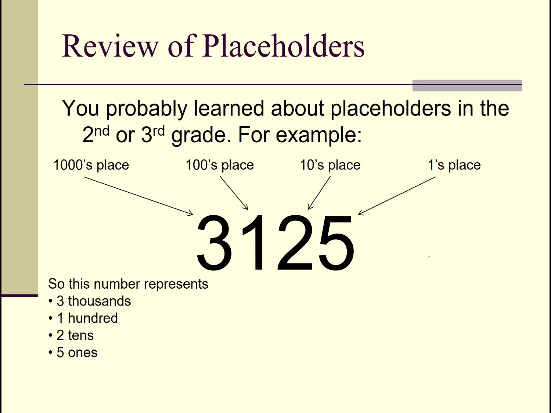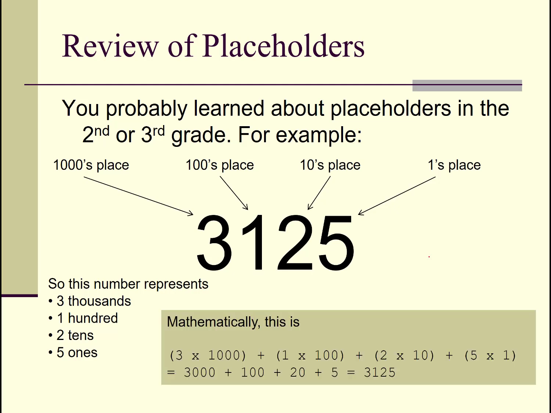When trying to say this number, we say 3000s, 100, 2 tens, and then 5 ones, right? And when calculating that mathematically, you will multiply 3 by 1000, then 1 by 100, then 2 by 10, and then 5 by 1.